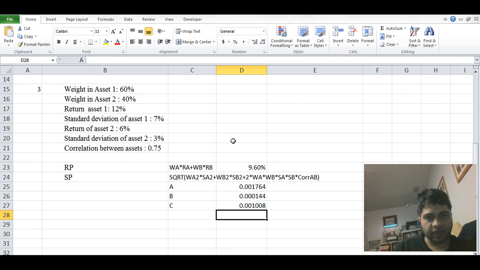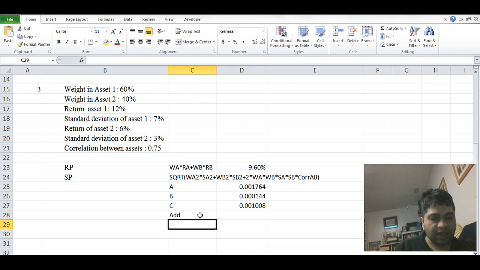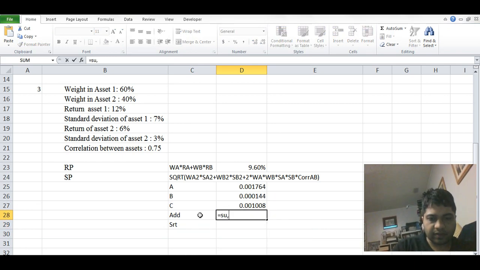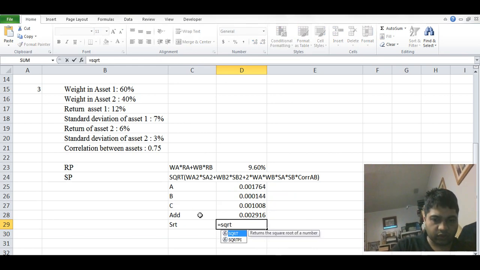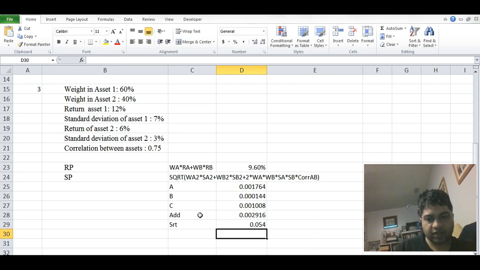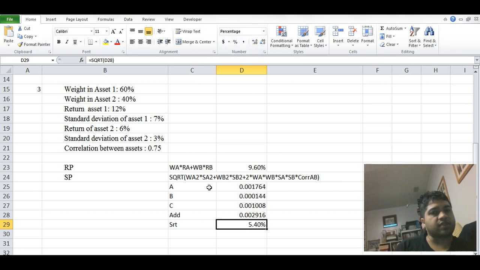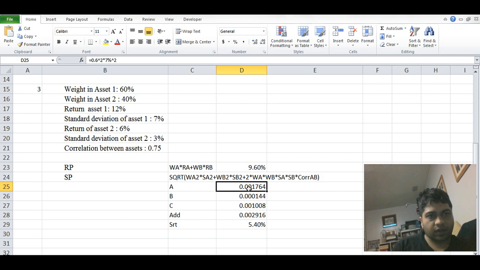Okay, so we have solved the three parts. The next step is the addition of all these three parts, and then the square root of the addition. Then we take the square root to find portfolio risk. So your portfolio risk is 5.40%.